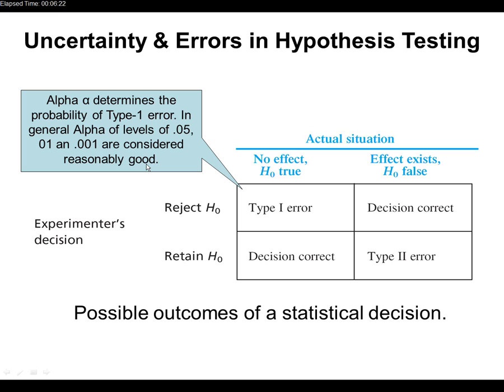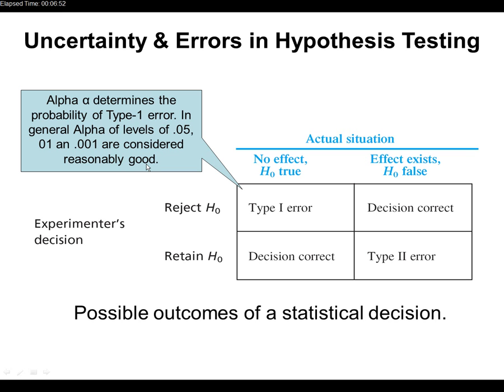So the probability of type 1 error is the level of significance of the test of hypothesis, and we call it the alpha level. And type 2 error occurs when you reject the alternative hypothesis. In other words, we fail to reject the null hypothesis when the alternative hypothesis is true. All right, and the probability of type 2 error is denoted by beta.